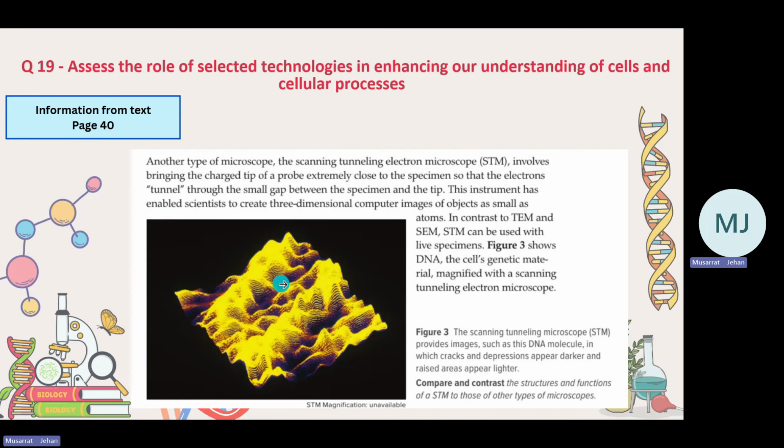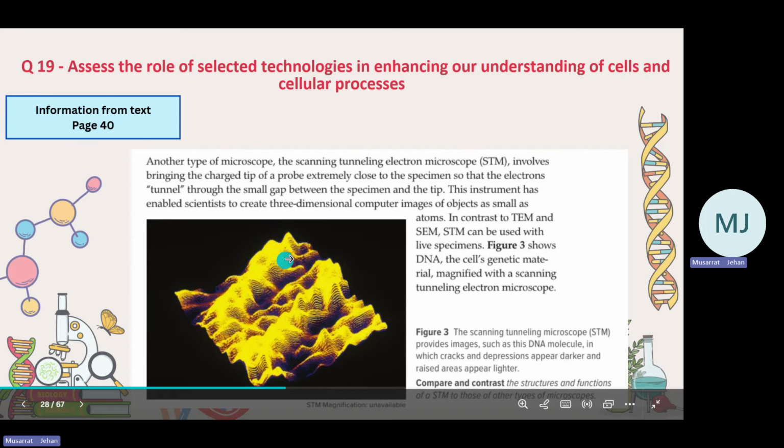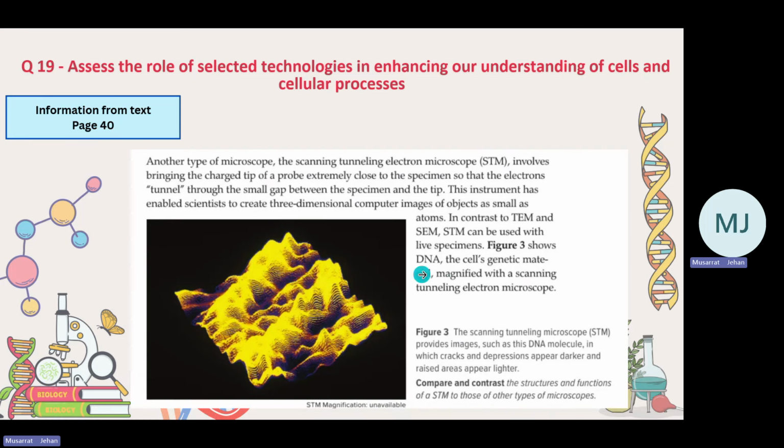You can see here, the dark colors are where there are depressions or cracks, and the lighter ones are the raised portions. So DNA could also be studied and magnified with the scanning tunneling microscope. So what do we see?